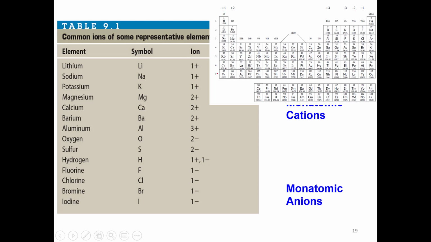All this group are ions with +1. The charge is +1. This group, the charge is +2. This group is +3, and these are -1, -2, -3. These are the metals, and these are the non-metals. And usually this group reacts with this group to form a new compound.